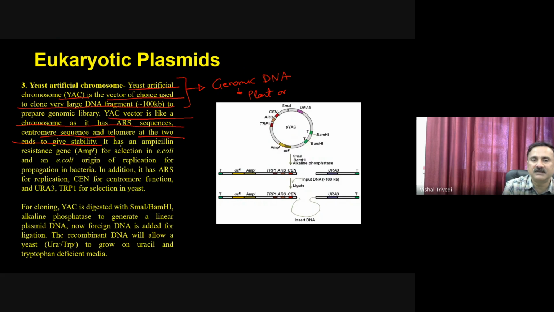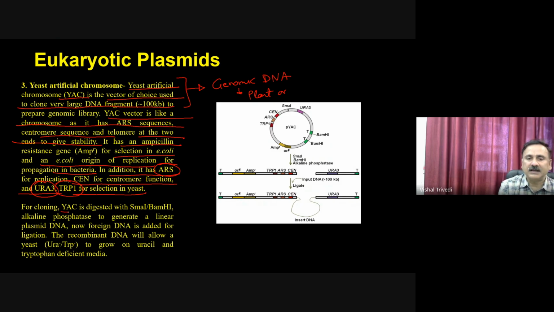It has an ampicillin resistance gene for selection in E. coli, and it also has the E. coli origin of replication for propagating in bacteria. In addition, it has the autonomously replicating sequence, the centromere for the centromere function, and URA3 and TRP1 for selection in yeast. So it is going to use this for auxotrophic selections.